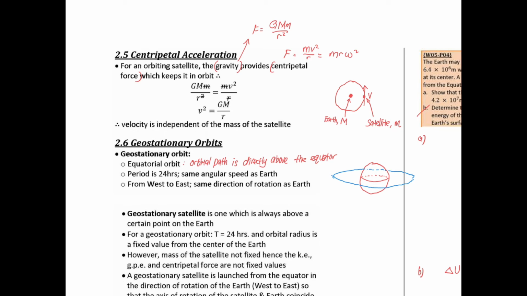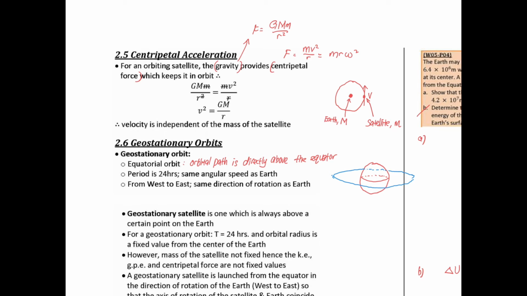Next, the period is 24 hours, the same angular speed as Earth. Earth spins one round in 24 hours. For the geostationary orbit, they say the period is also 24 hours. So what is meant by that? Imagine today Malaysia is launching a satellite to the geostationary orbit.